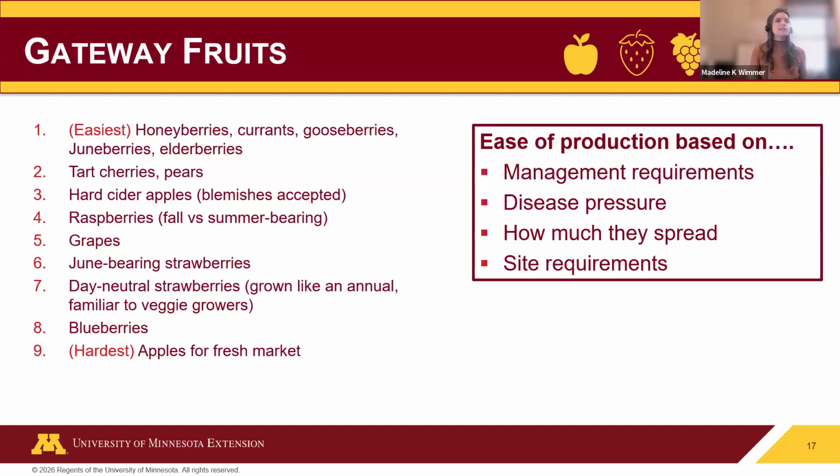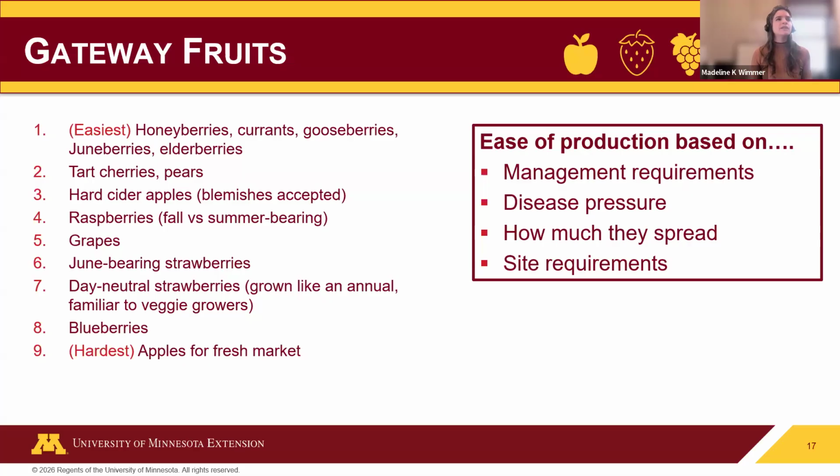At the top of the list here, we have things like honeyberries, currants, gooseberries, juneberries, and elderberries. And then we go into crops like tart cherries and pears. Hard cider apples are on the easier side because blemishes are more acceptable, whereas the hardest that we have listed here are apples for fresh market. Although arguably grapes sometimes can compete with that spot.